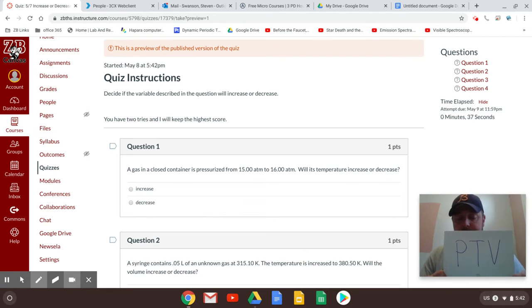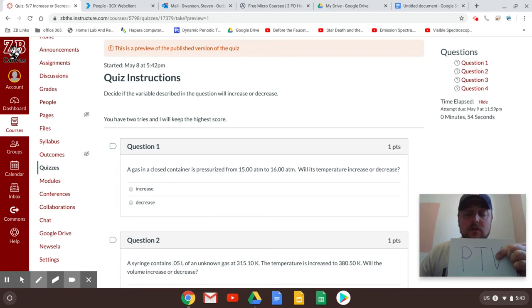And the way that it works is whichever one you put your finger on, right? So let's say that I put my finger right here. That means that volume is constant.